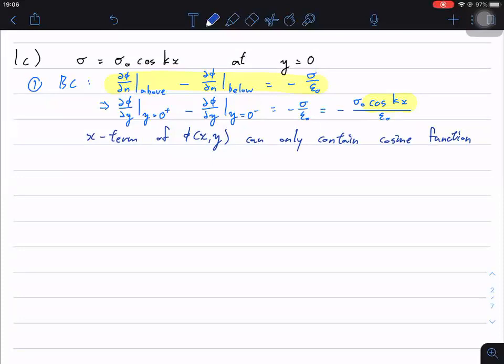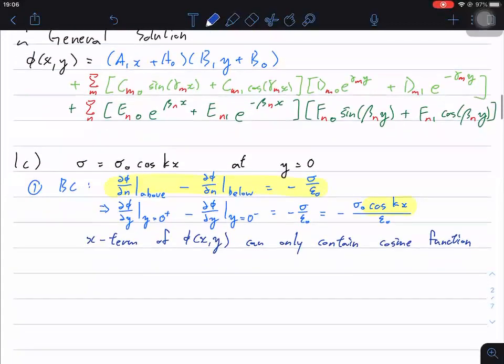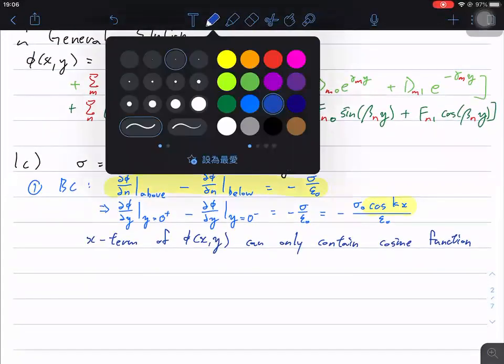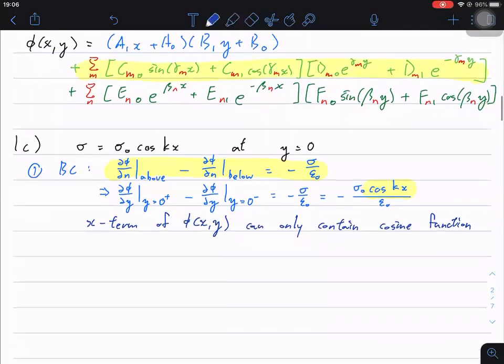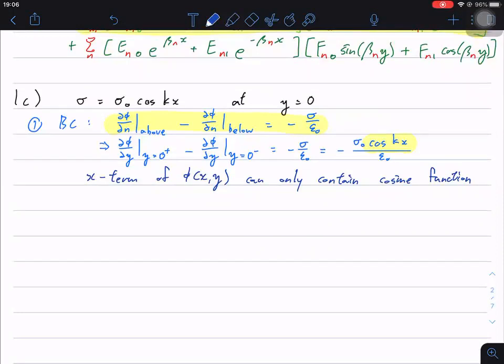So if we take a look at the solution in 1b, we are referring to this case, the x term containing only the cosine function. So right now, we can write down the form of the potential.